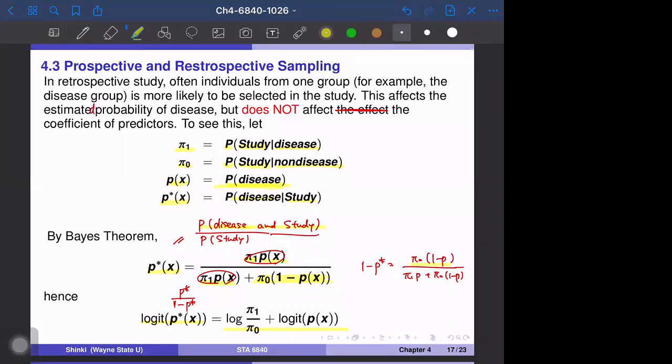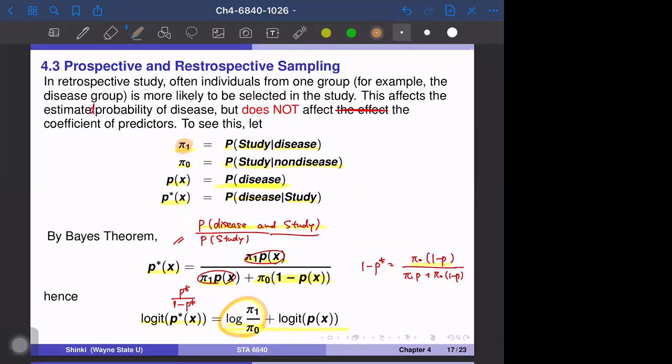So if you take the ratio, the denominators cancel, and this just becomes the log of pi1 over pi naught times p over 1 minus p. Then we decompose it, and we can get the coefficient. That means if you sample more babies from the disease group, if pi1 is larger, then we have this parallel shift, the log of pi1 over pi naught.